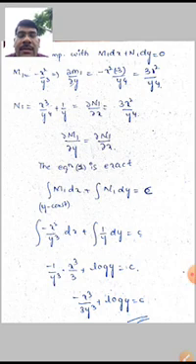We multiply the given equation by it, so the equation goes to the form M1 dx plus N1 dy equal to 0. Next, dou M1 by dou y and dou N1 by dou x are both equal, therefore the given equation is an exact differential equation. We integrate it and we get the solution of the given differential equation.